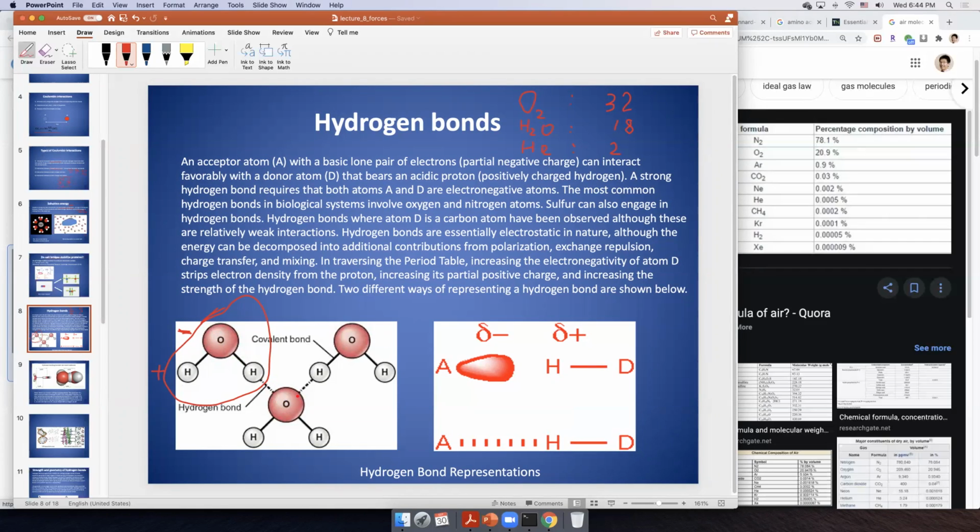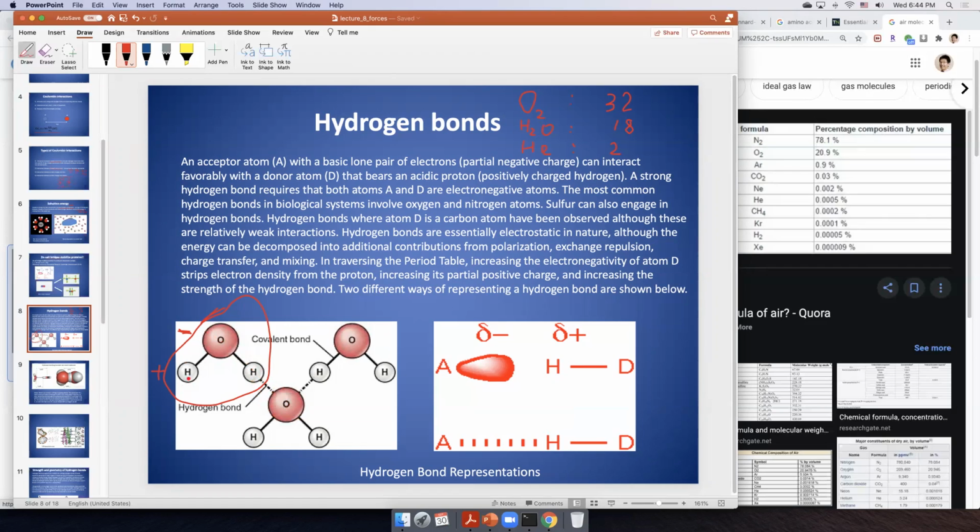It's another oxygen in another molecule. That's called a hydrogen bond. When an oxygen and a hydrogen get closer, hydrogen easily shares the electron cloud with the neighboring oxygen. So that's called a hydrogen bond.